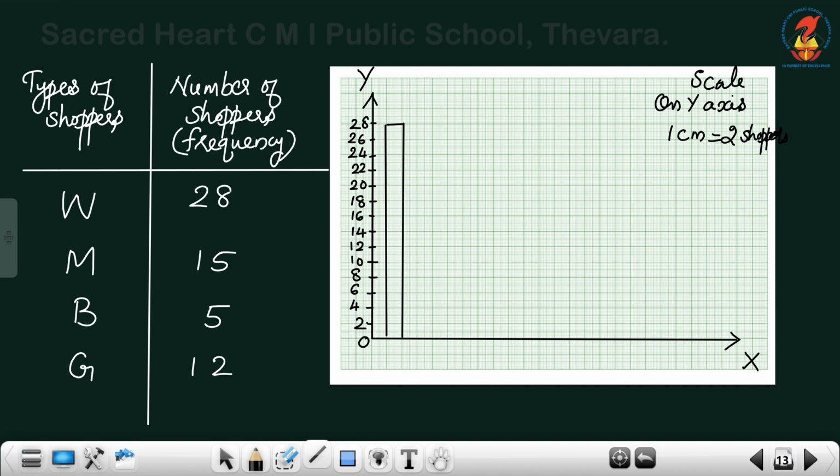Then again you have to leave 1 centimeter, that means 1 square box. Then the next one is M, 15. Then 14, here we have 16, then after 5 small divisions it will be 15. So this one will represent 15.